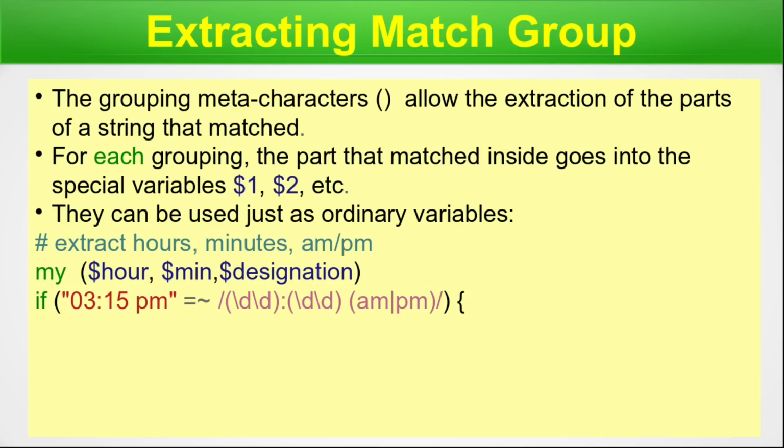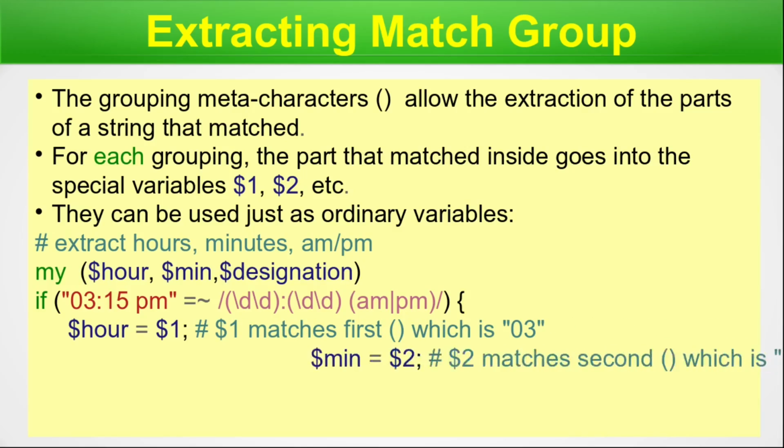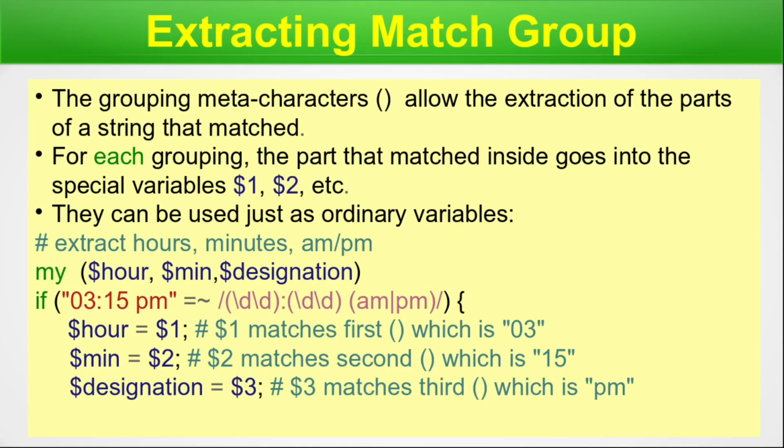Then we have AM pipe PM, that is AM or PM. And in between there is a space. So we are matching every particular part and we can extract each substring here. So $hour we can set as $1, $minute is $2, and $designation is $3. Now we can use this later on. So this is how we can use grouping and extraction for substrings. We are done with this particular slide and example. I think this is clear enough, so let's move on to the next slide.